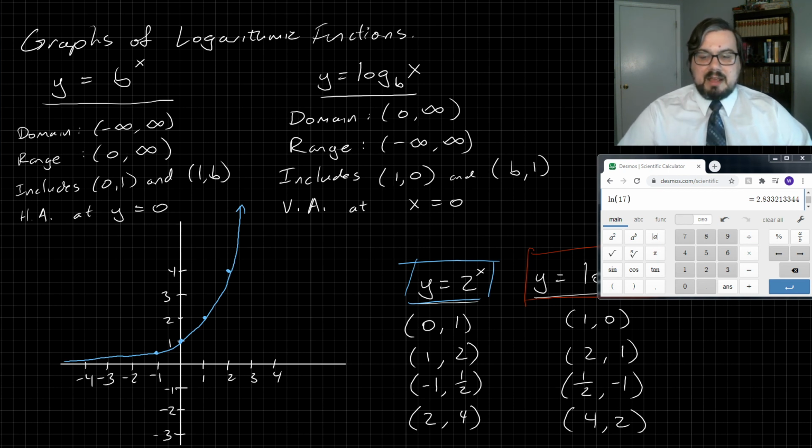On the other hand, the graph y equals log base 2 of x includes the points, I'm sorry, (1, 0), (2, 1), (1/2, -1), and (4, 2). And it's going to have a vertical asymptote at x equals 0. That is the y-axis.